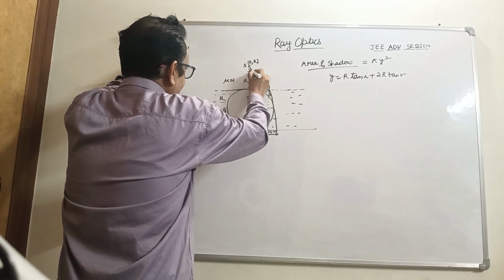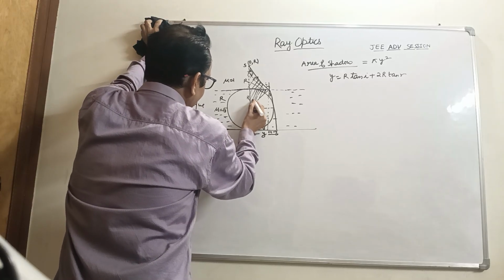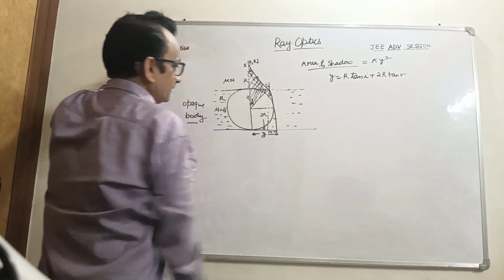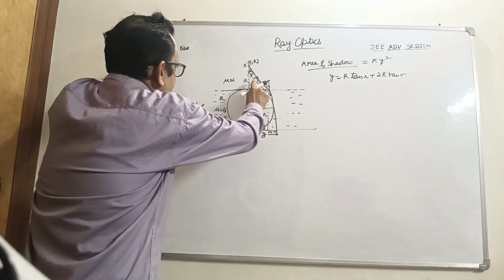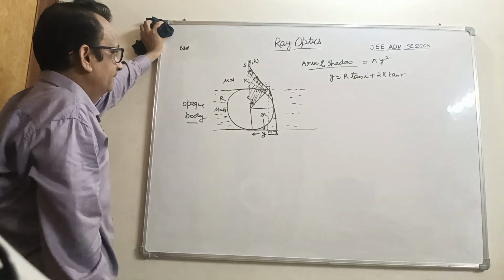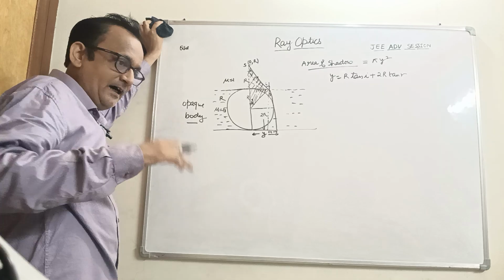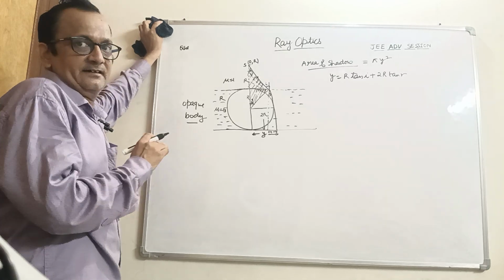So this angle is i, so this angle also would be i, because these two triangles are congruent. Congruent means every side is the same.